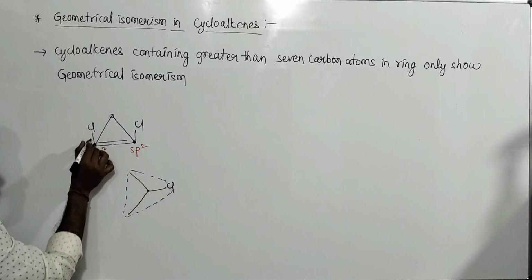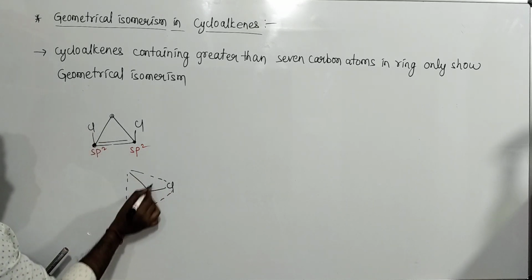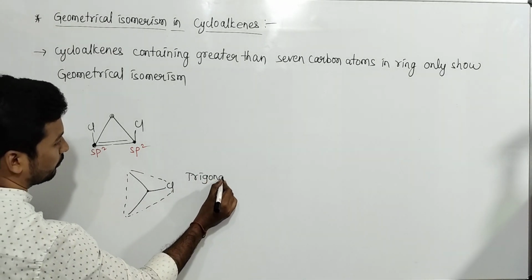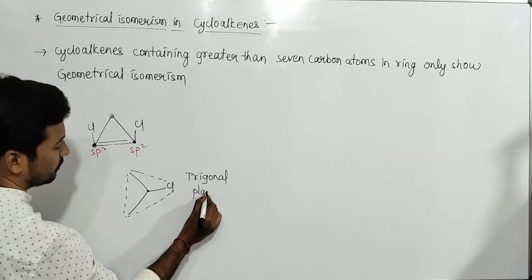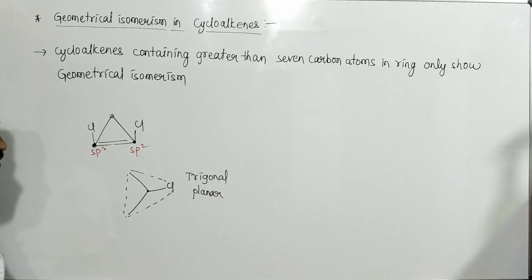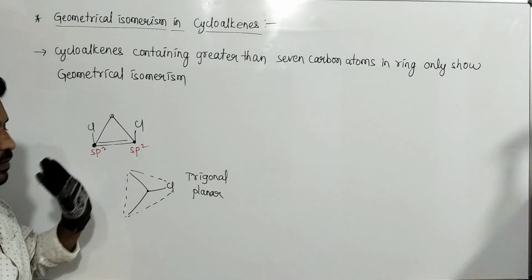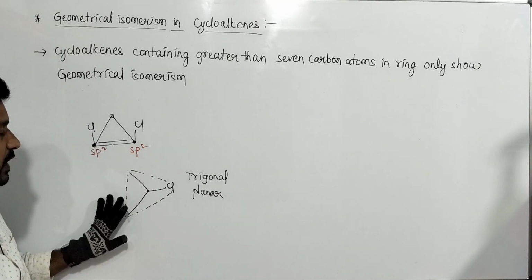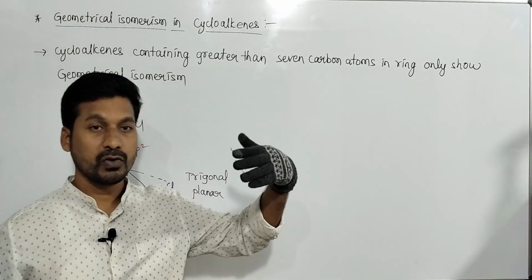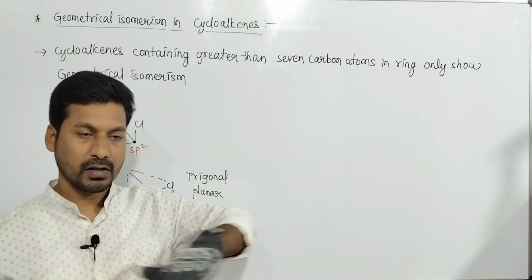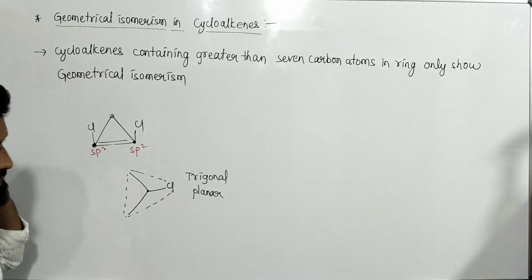Planar means all the atoms around the sp2 carbon are present in the same plane. Then how can you say two chlorines are on the same side or opposite side? All are in the same plane. So geometrical isomerism is not possible.